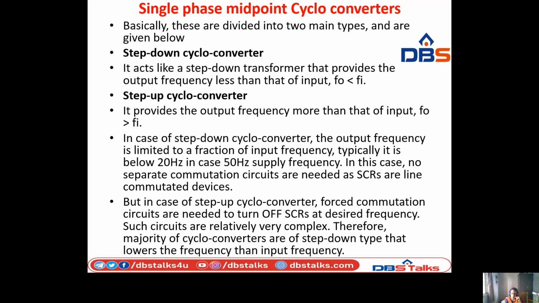No separate commutation circuits are needed, as the SCRs are line commutated devices. But in step up cycloconverter, we use a forced commutation circuit to turn off the SCRs at the desired frequency. Such circuits are relatively very complex. Therefore, the majority of cycloconverters are step down type, with lower frequency than the input frequency.